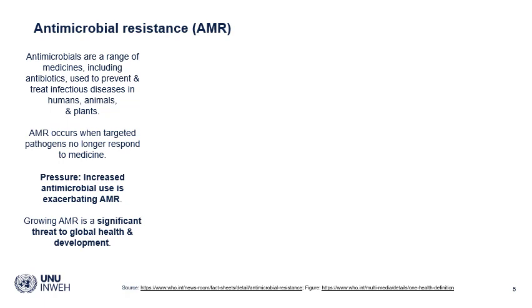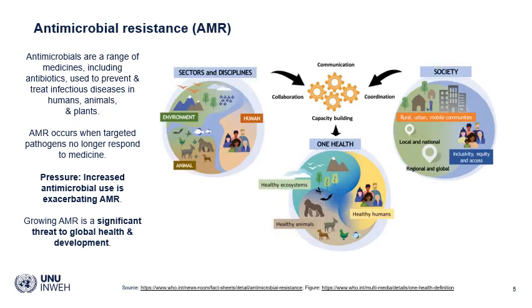Growing AMR is a significant threat to global health and development. Unfortunately, increased antimicrobial use due to misuse, or because a medication is not as effective, is worsening antimicrobial resistance proliferation.